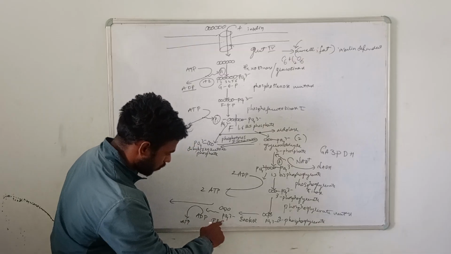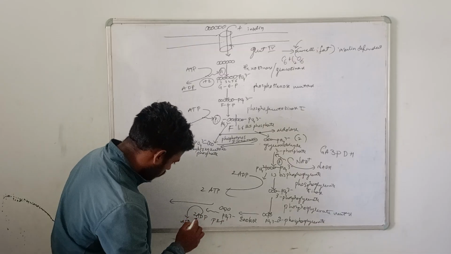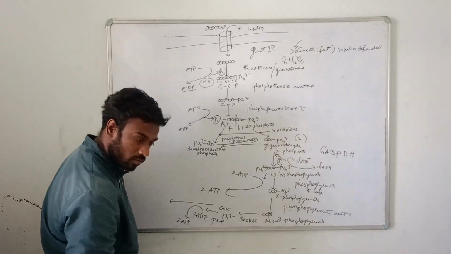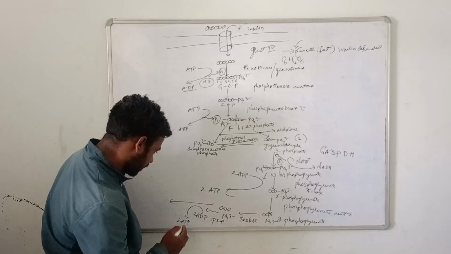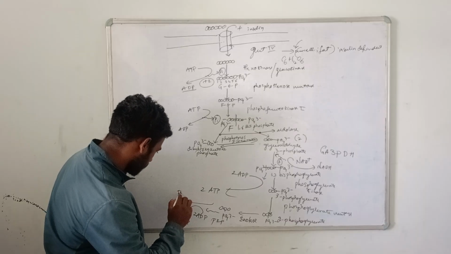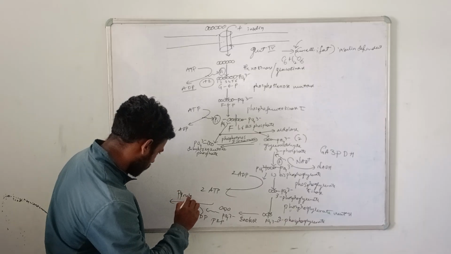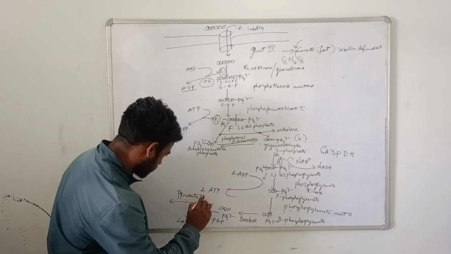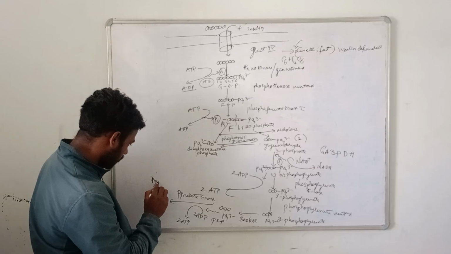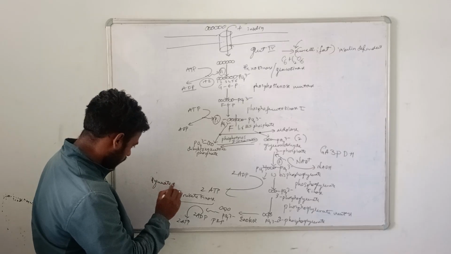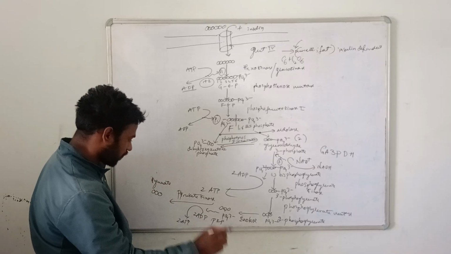We know that there are 2 PEPs, so 2 ADP forms 2 ATP. This step is assisted by pyruvate kinase. And this becomes pyruvate. Pyruvate is just a 3 carbon compound.